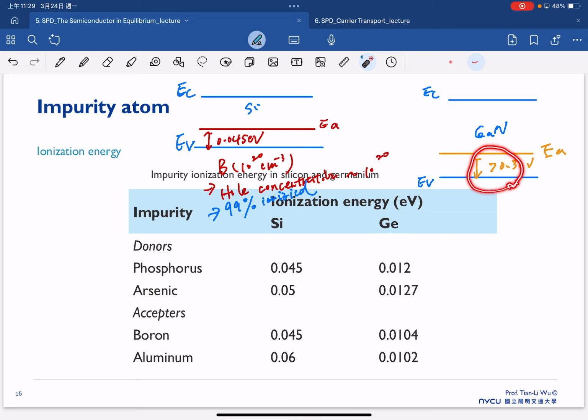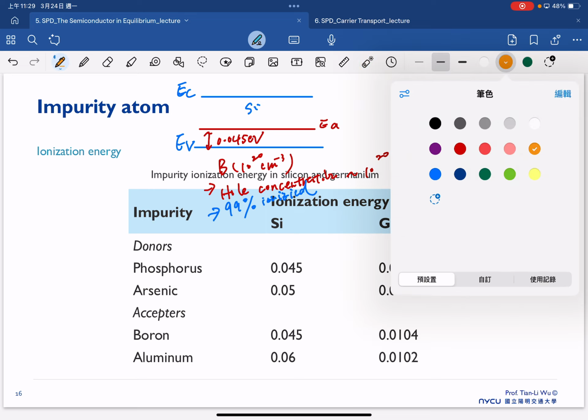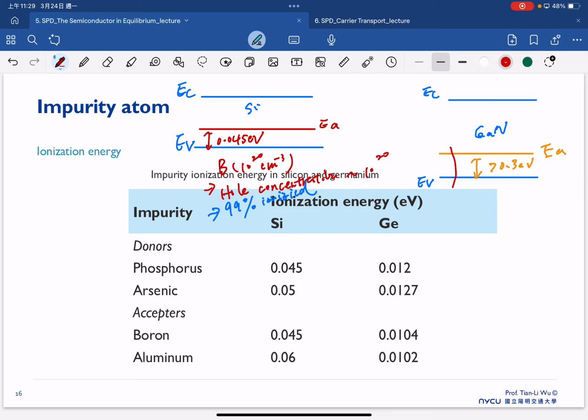This also suggests that the probability of the carrier jumping to the valence band is highly decreased, because now you have a larger distance. For sure, the carriers do not easily jump across to the valence band.